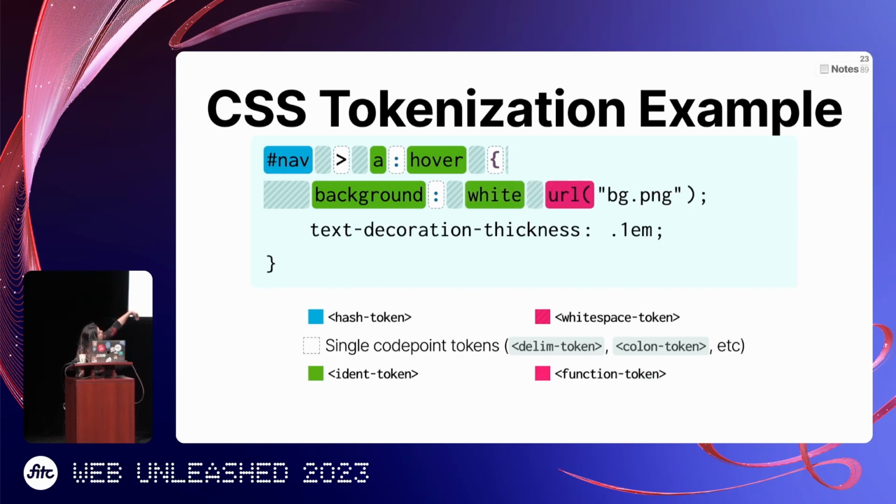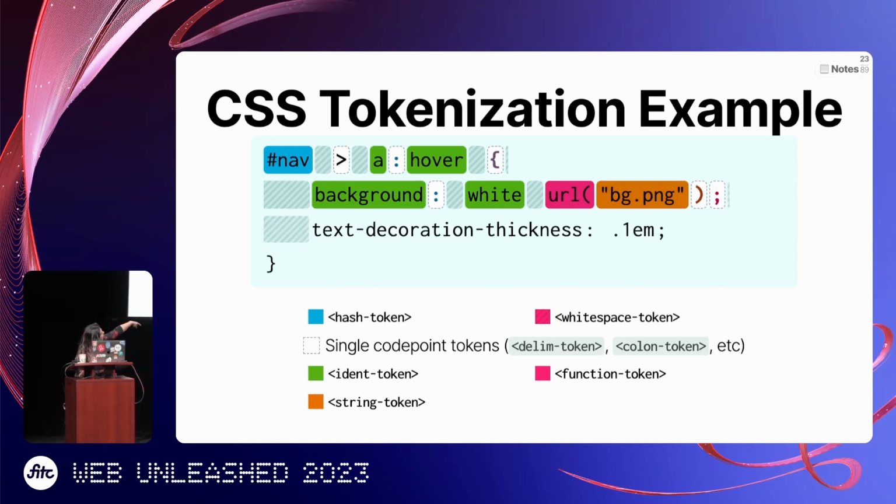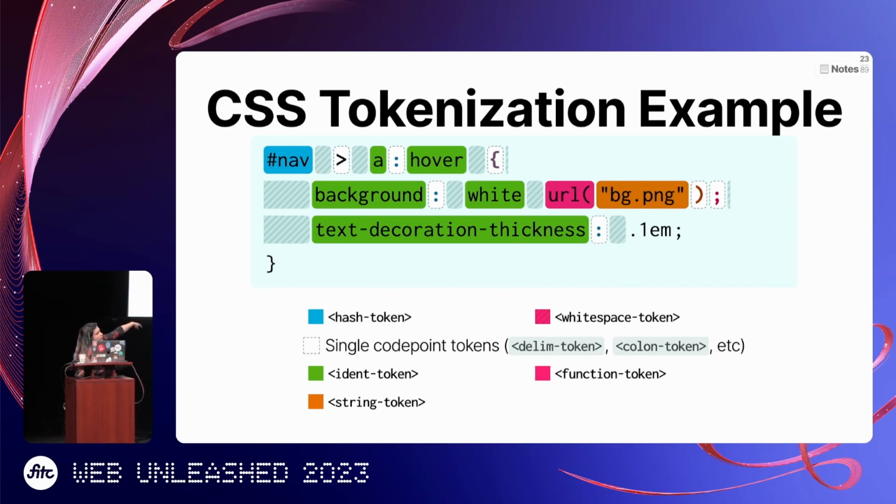Here's a new one, a function token, which is the function name and the opening paren. And then we tokenize the argument separately. Here we have a string token, a closing paren, and a semicolon token, more white space, an ident, a colon, which is a separate type of token called the colon token, white space, then a dimension token.